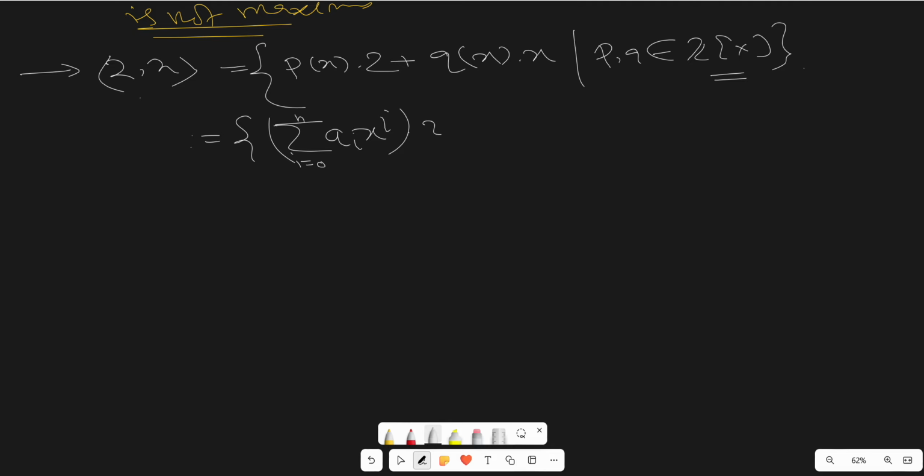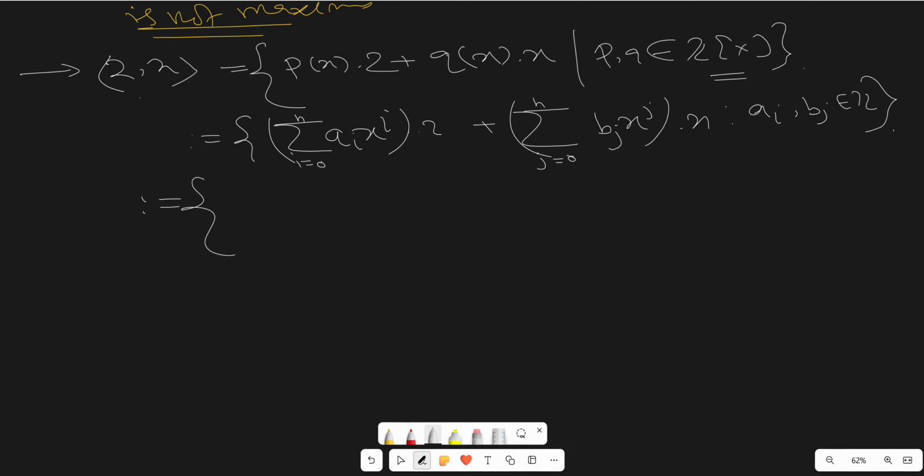This into 2 and this into x, you can merge them, right? Of course you can merge them.